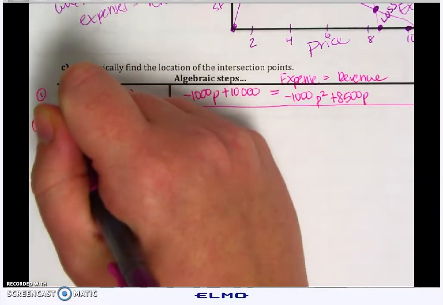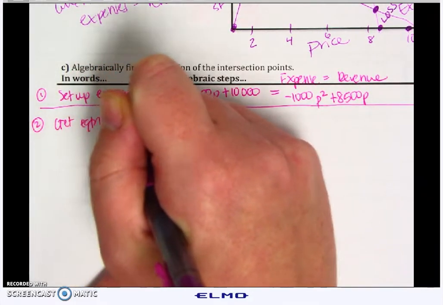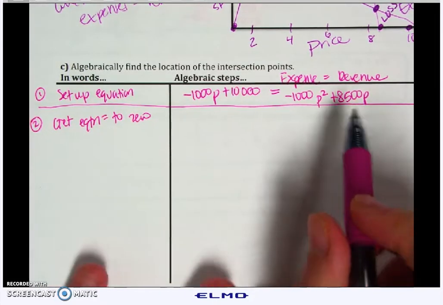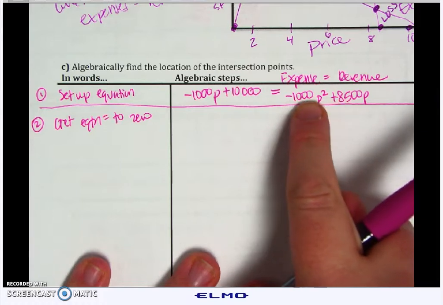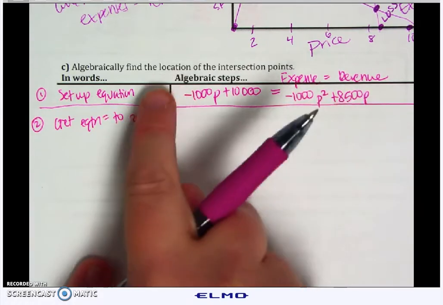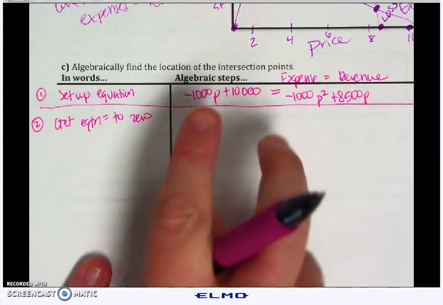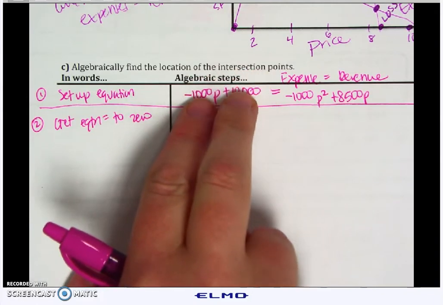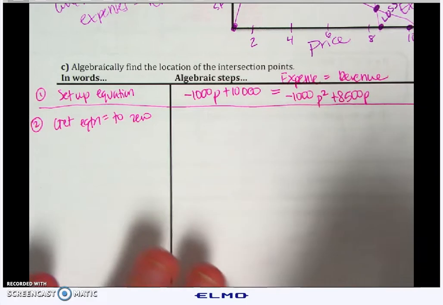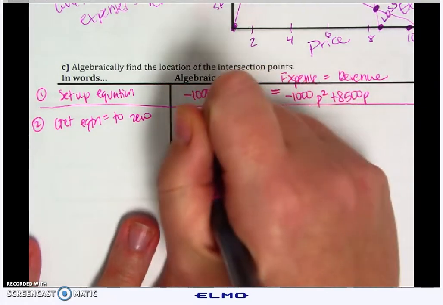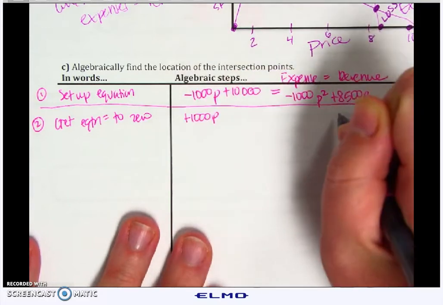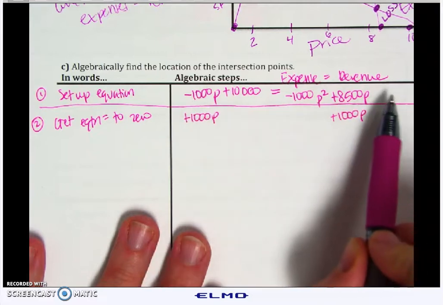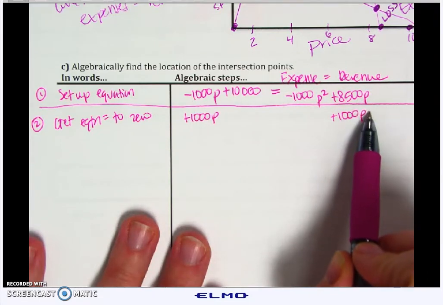Step 2 is to get the equation equal to 0. We want to set it up to be able to use the quadratic formula. So we have this squared term and a linear term, and then on this side we have a linear term and a constant. We can move whichever two terms over we want. I'm going to choose to move these two terms over to the right hand side. So let's start with the negative 1000p. If we're going to move that to the other side, we're going to add 1000p to both sides. And notice where I placed it, right below its like term.